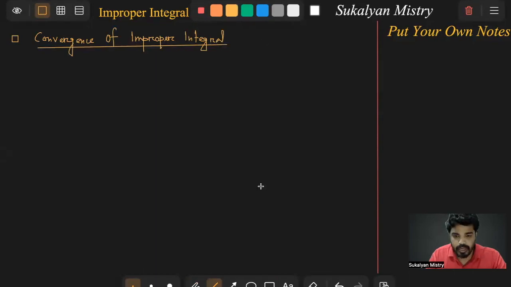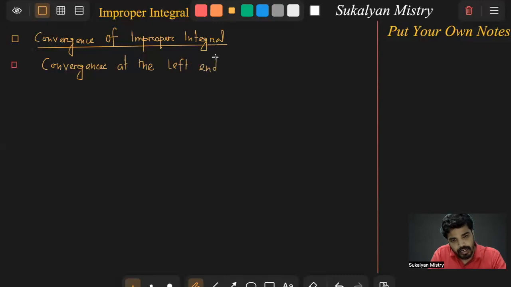So first point, convergence at the left end.